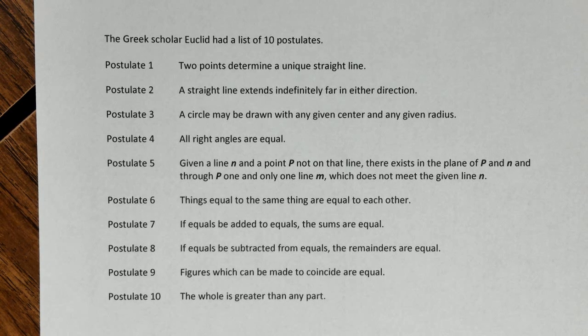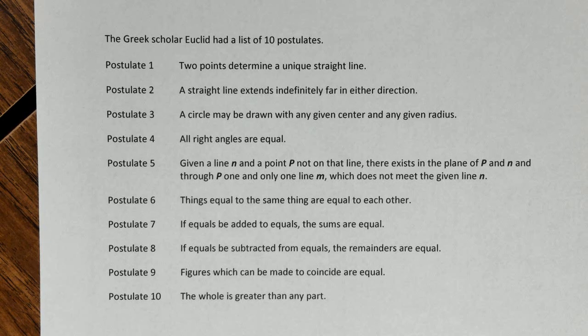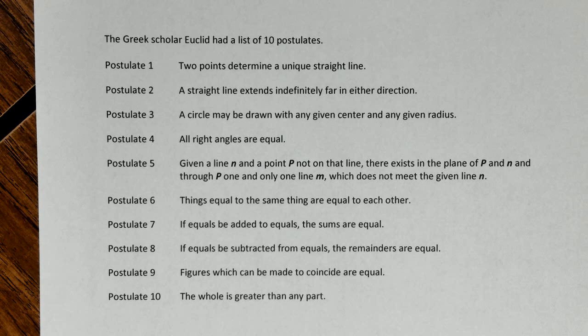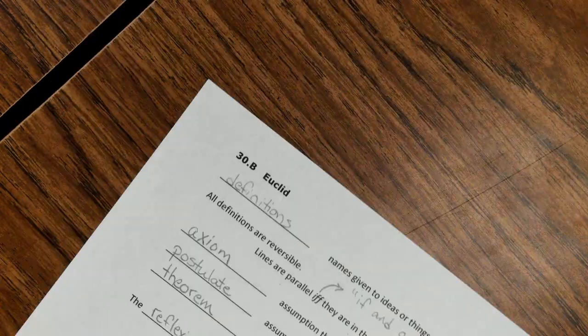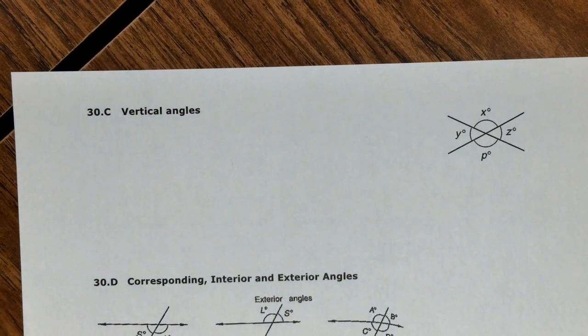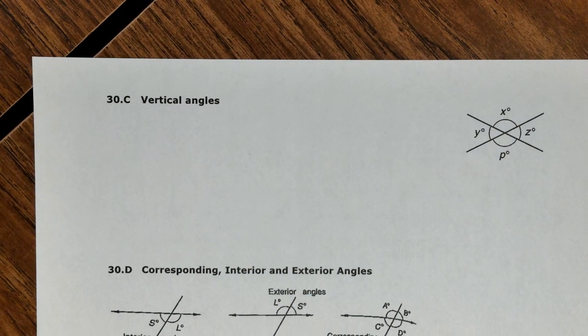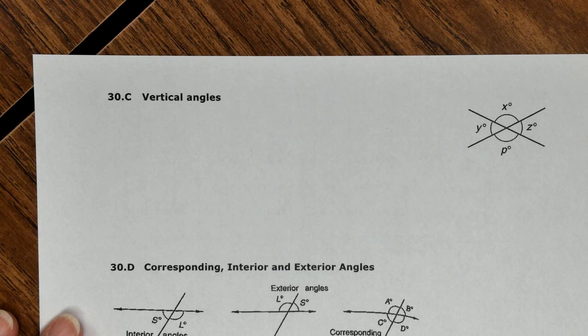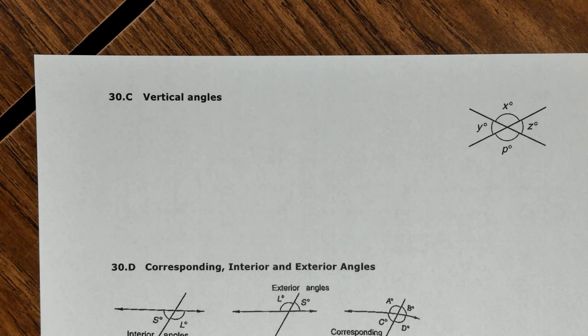The whole thing is bigger than a piece of that thing. Okay, so these are the postulates. We'll be using some of those more than others, but you have them here to refer to. Okay? And then we move on to part C, which is about vertical angles. And there's some things that we were assuming to be true, but now we're going to be able to prove them.